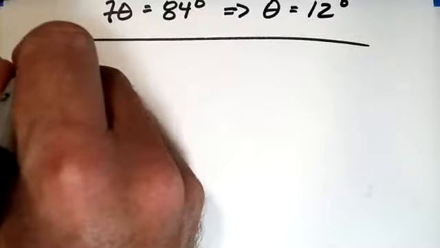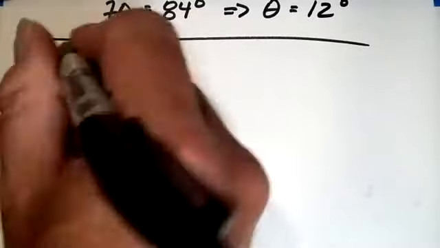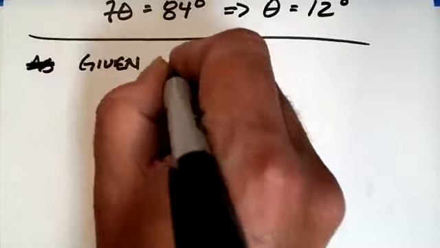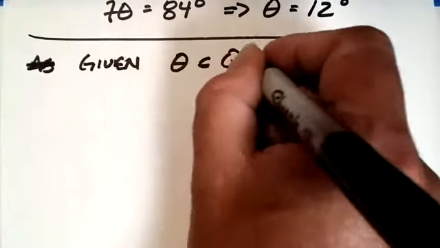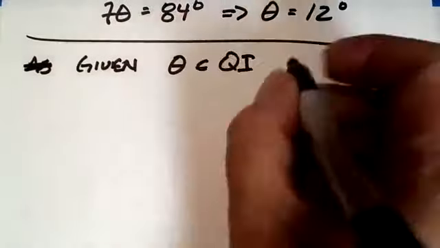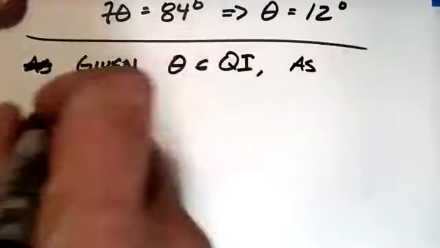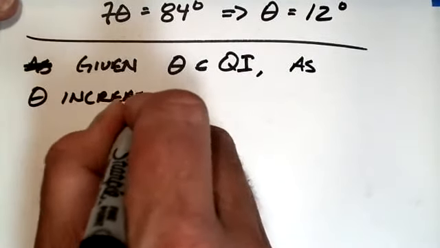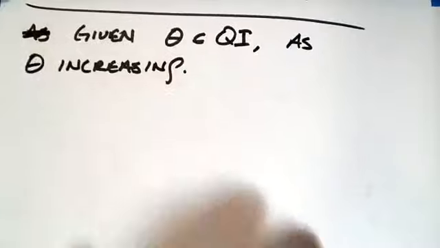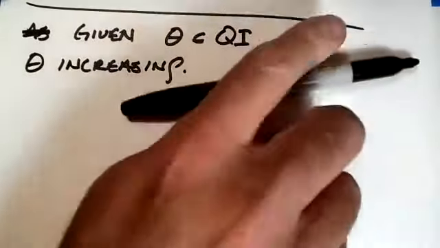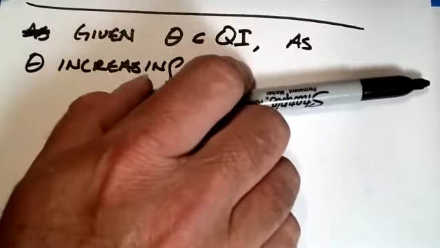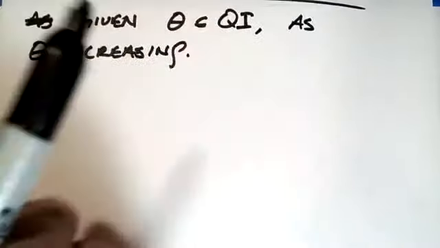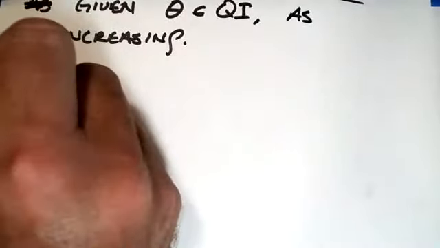So let's say it this way: given theta in quadrant 1, as theta increases, so this is kind of like we're talking about some functional analysis here. So imagine you start with an angle basically at 0, and as it cranks up, goes from 0 to 90 degrees, we can make some statements about these functions.